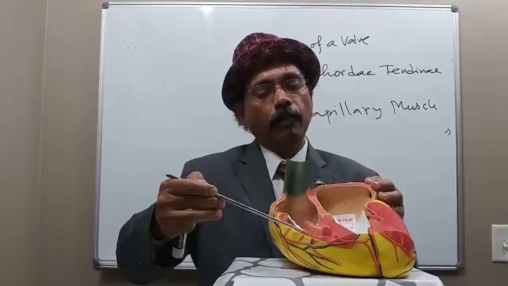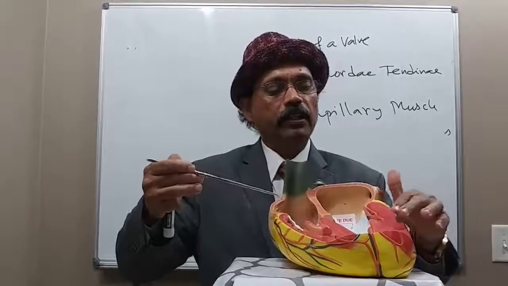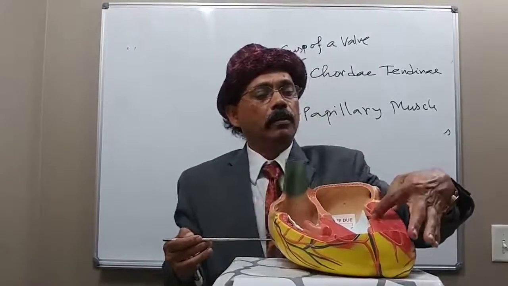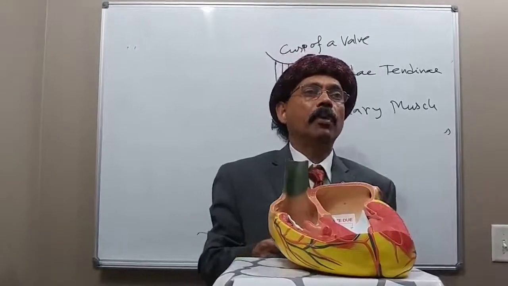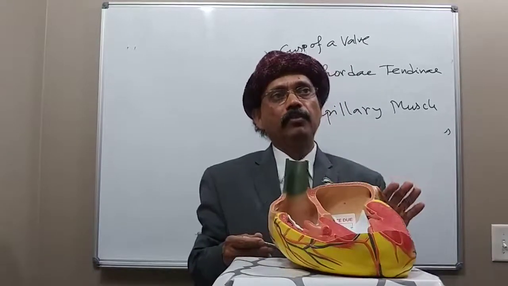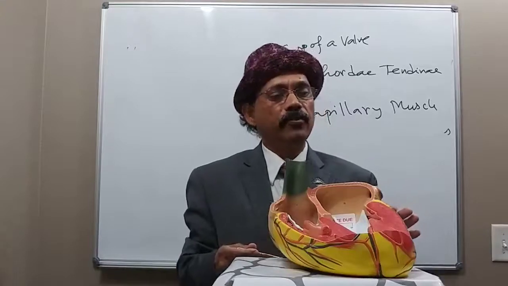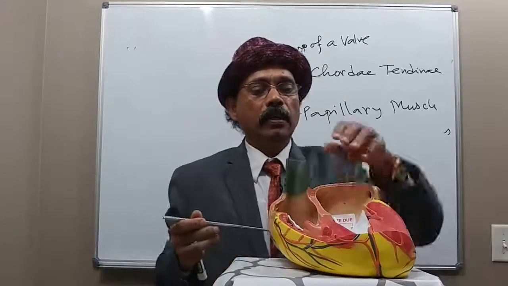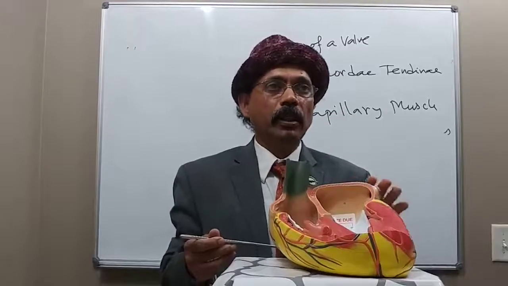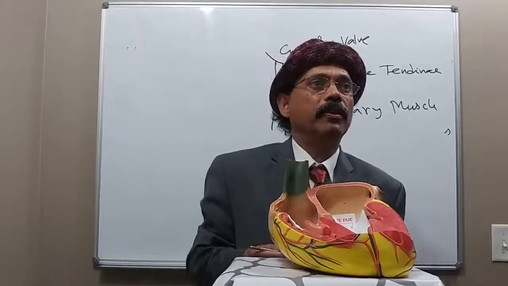The cardiac muscle is also present here, but it is thinner. Left ventricle is thicker because it pumps blood to the entire body. It works against too much peripheral resistance. The right ventricle pumps blood towards the lung with less peripheral resistance.